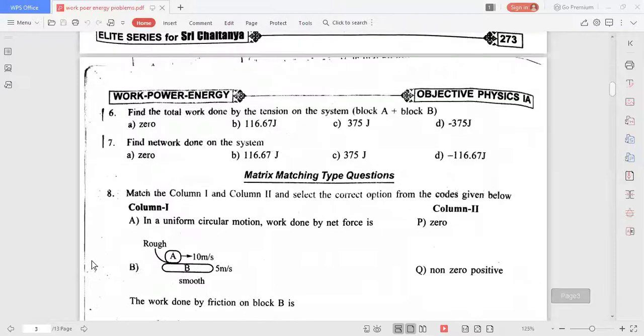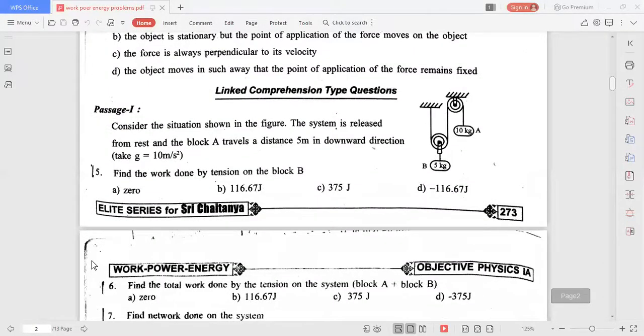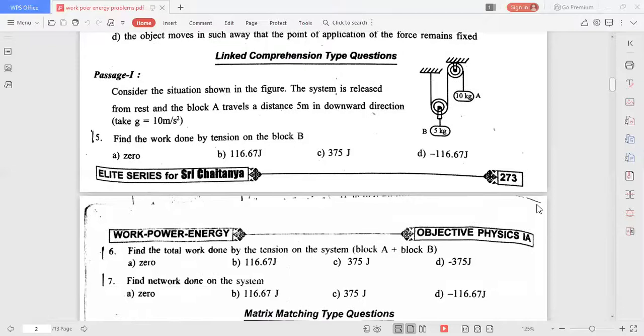Next, you see the fifth problem. All of you see the fifth problem. First, all of you read that problem.